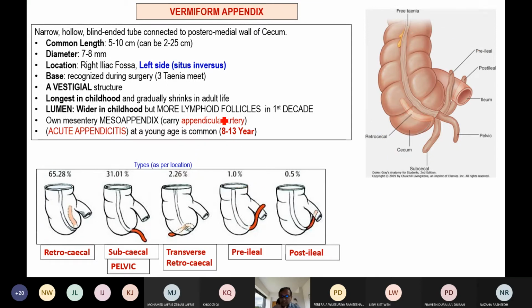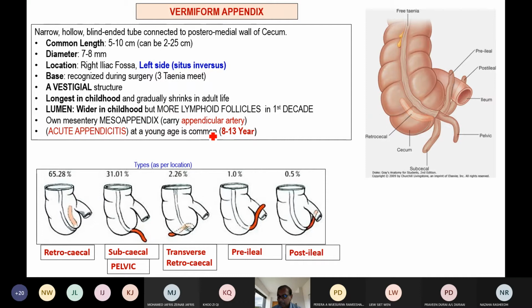Normally the length is around 9 centimeters, but in appendicitis it can be 25 centimeters. The diameter is usually 6 to 7 millimeters, not centimeters, millimeters. Compared to the small gut and large gut, I already told you the formula of 3, formula 6, formula 9. Here that is all in centimeters, but in the case of the appendix, millimeters. It is usually in the right iliac fossa; if left-sided, it is called situs inversus.